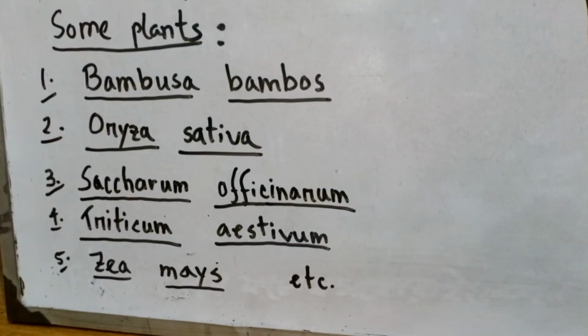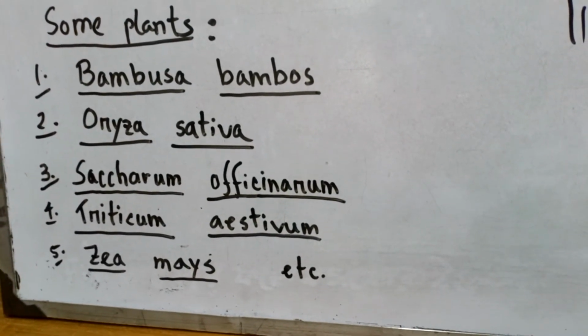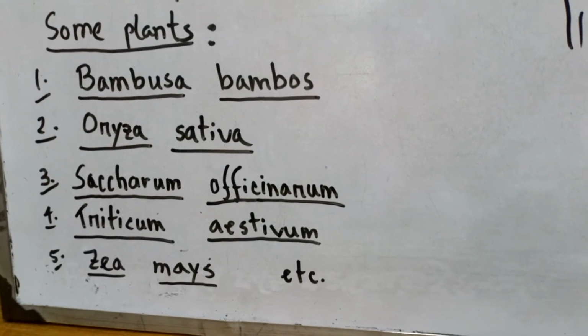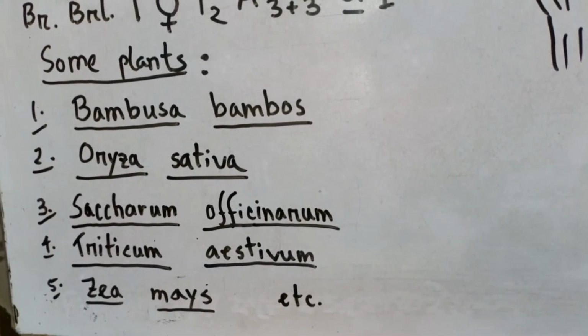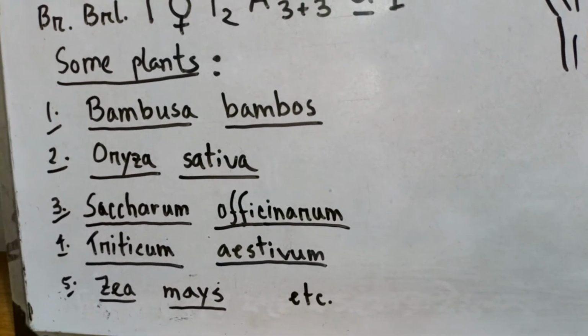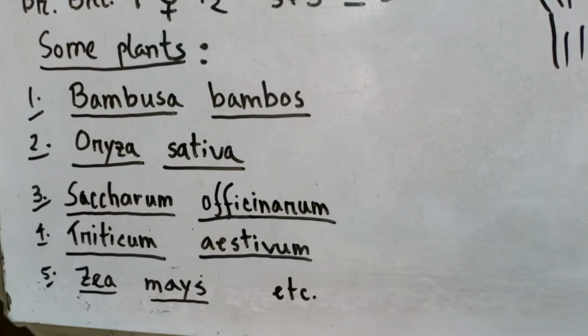Saccharum officinarum, sugar cane. From this Saccharum officinarum, or sugar cane, we can get sugar. Also through the fermentation process, alcohol and vinegar are produced. And in case of particle board production, this sugarcane also helps a lot.